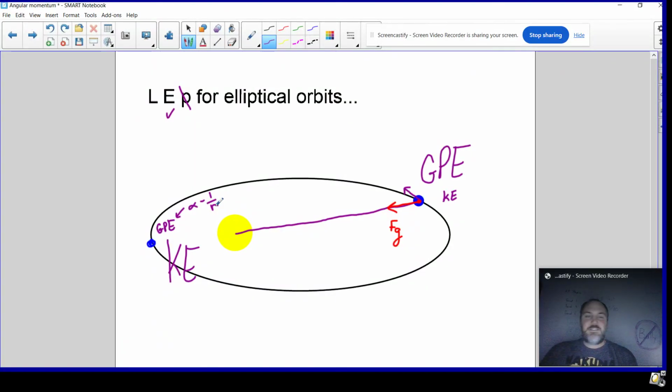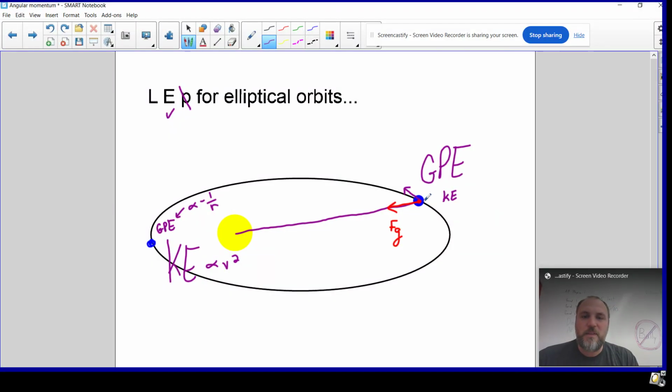That's the distance to the middle of the sun. And then we know the kinetic energy is proportional to velocity squared. So that's a pretty complicated mathematical relationship where you have a v squared and you have a minus inverse r. And it's difficult for me to really predict what that velocity is going to be based on the distance to the sun.